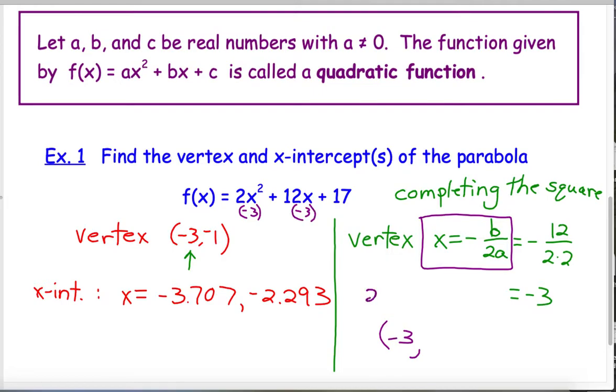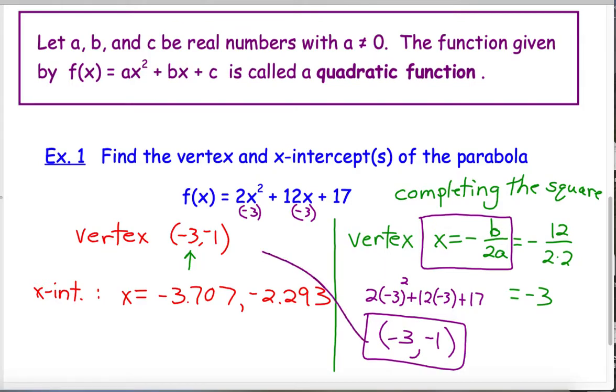So we would do 2 times negative 3 squared, which is 2 times positive 9, which is 18, plus 12 times negative 3, which is negative 36. So it's positive 18 minus 36, that's negative 18, plus 17 gives us a negative 1.